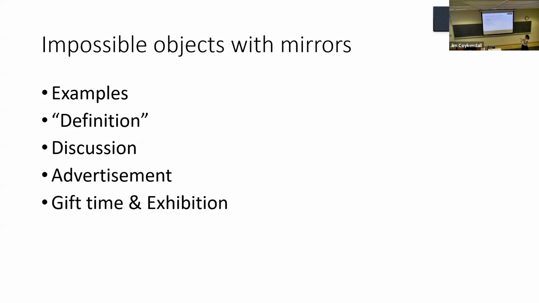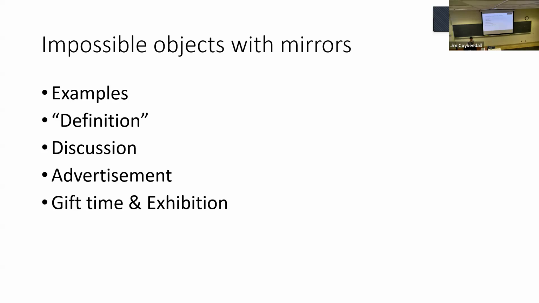In order to know whether it exists or not, we should give a definition or some way to define what kind of objects I would like to talk about. And then we will have a discussion on how to make them. Then there is some time for advertisement, and at the end, I have promised to give you a gift, and you can also see our exhibition.